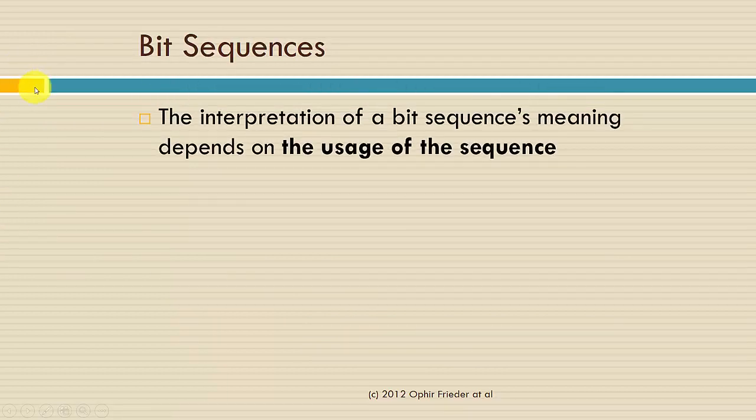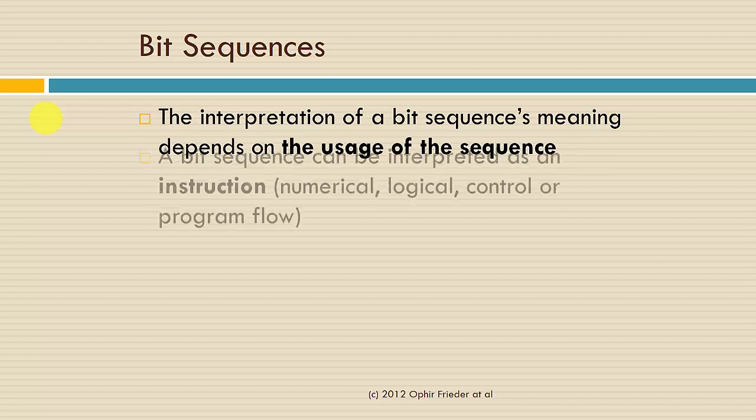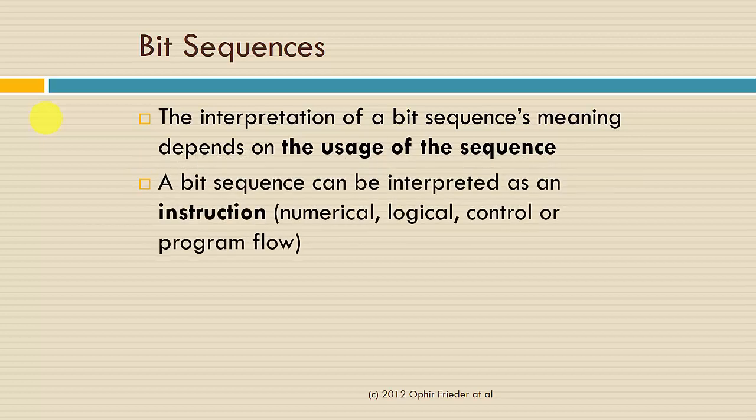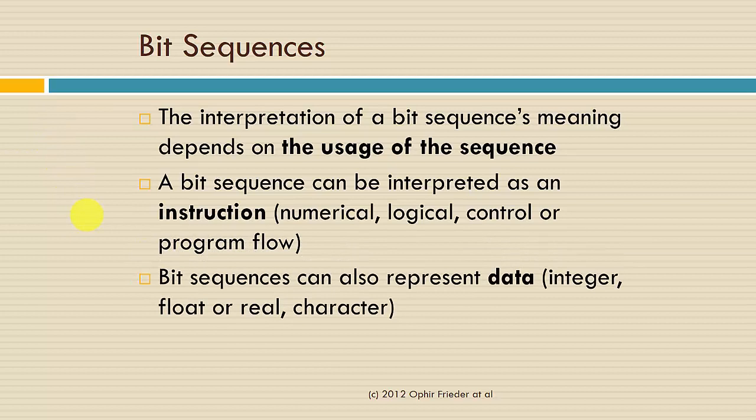Bit sequences. The interpretation of a bit sequence's meaning depends on the usage of the sequence. A bit sequence can be interpreted as an instruction: numerical, logical, control, or program flow. Bit sequences can also represent data: integers, float, or real, as well as characters.